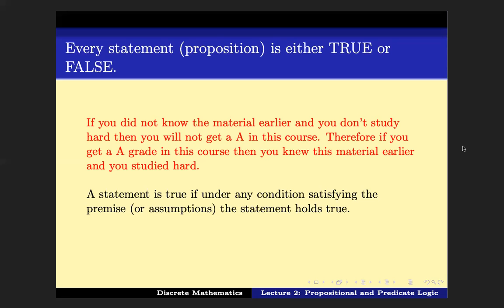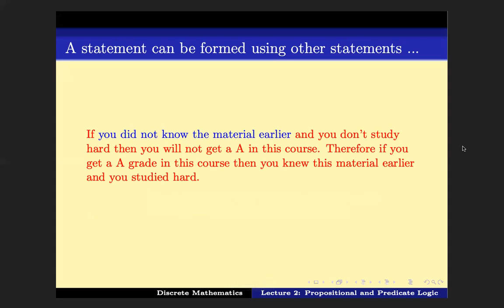I can set those statements to be either true or false, and it should still hold true. For example, if you did not know this material earlier, that is one of the propositional statements, and it can be either true or false.